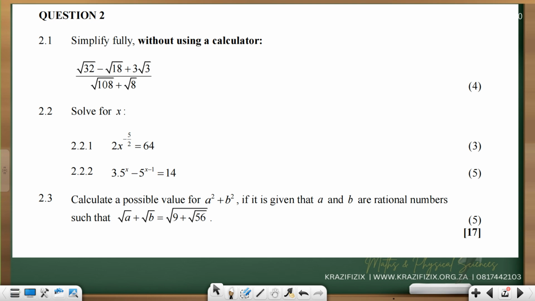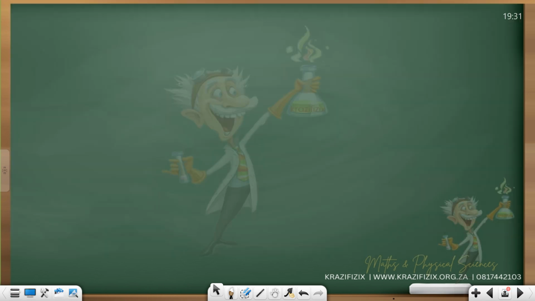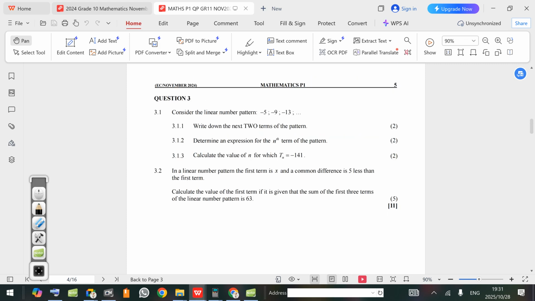I'm loving 2.3. Anybody sent me a picture on the group? You got demotivated at 2.3. Okay, I think I did it, but I think I did it wrong.